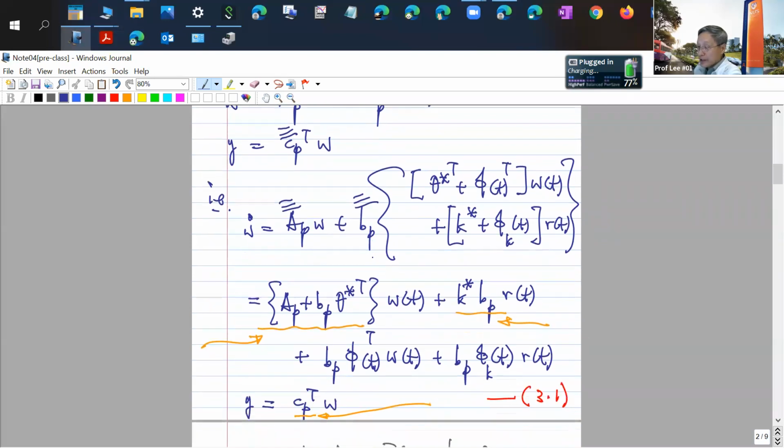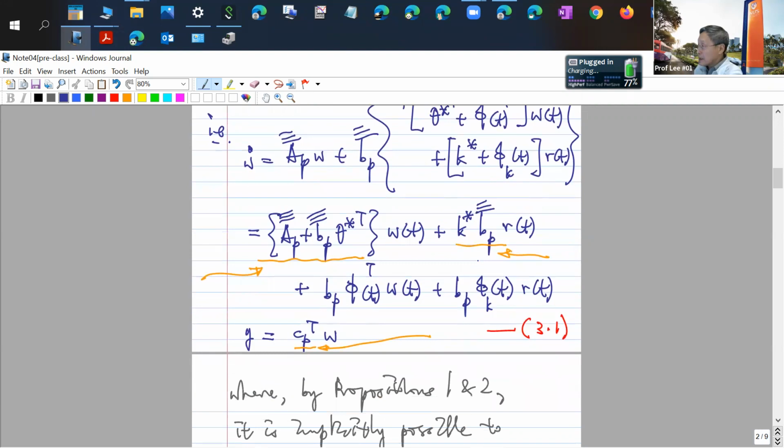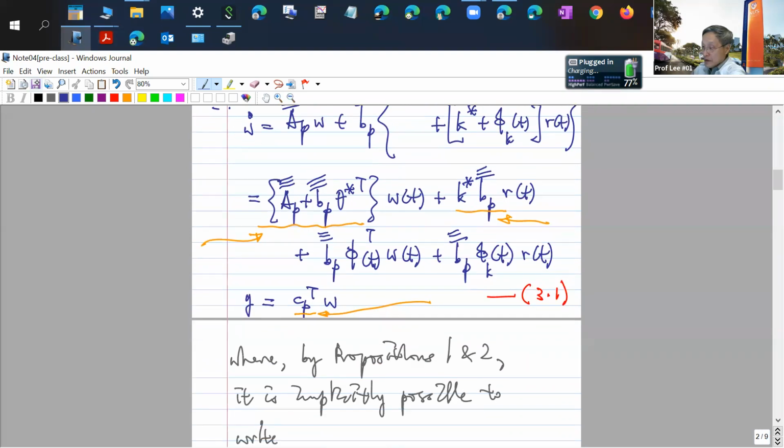And then I rearrange with the theta star part, pulling out the parameter error part, in quite a parallel development to what we had done before.